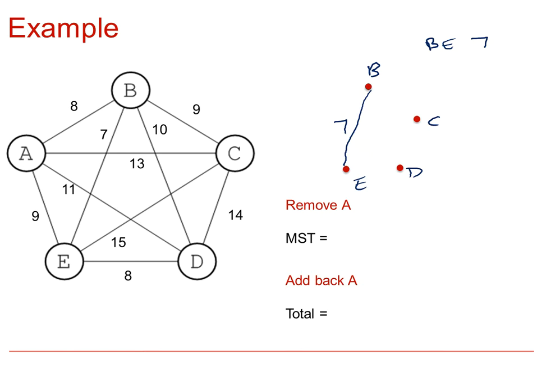The next smallest arc will be ED at 8, noting that Kruskal's is chaotic and I don't have to connect this minimum spanning tree at this point, it just happens to be the next smallest arc. The next one is BC at 9, given that I've removed A, so I can't use this arc here. I've then got a minimum spanning tree for those nodes B, C, D, E, and the weight of that is 24.